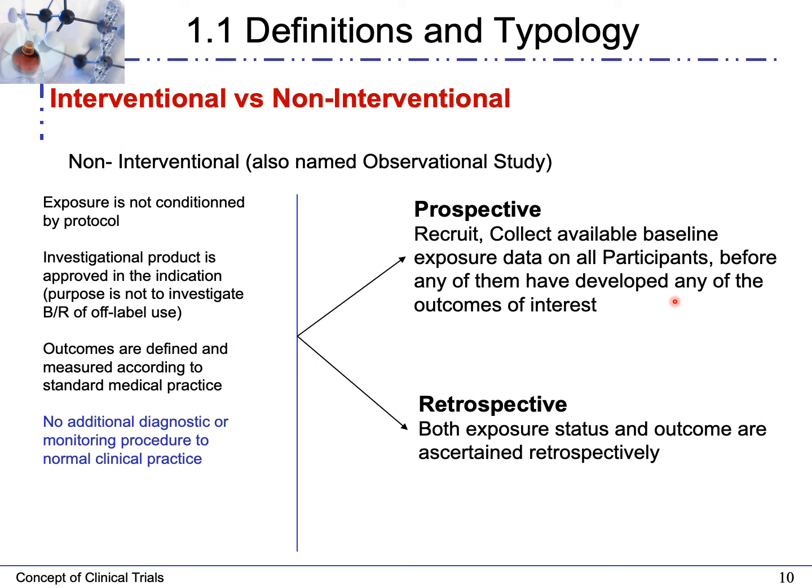So before recruiting, the patients have not had the outcome of interest. The outcome of interest is monitored and observed prospectively. In a retrospective setting, both the exposure status and outcome are ascertained retrospectively. And so all the data are there, and we look backwards at the information in the past.